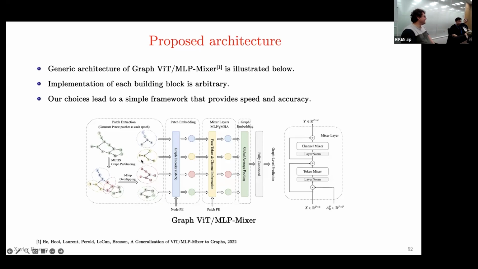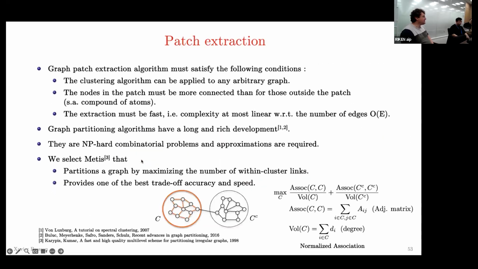So how do you really cut a graph into graph patches? Oh, we use Metis. It's a very standard technique. There is a huge literature on how you do graph partitioning. It's basically a combinatorial problem, right? There are different ways to define this problem. Here, what they want is to find, for example, two clusters, and each cluster is going to have the maximum number of connections.